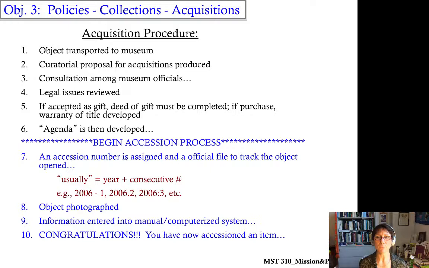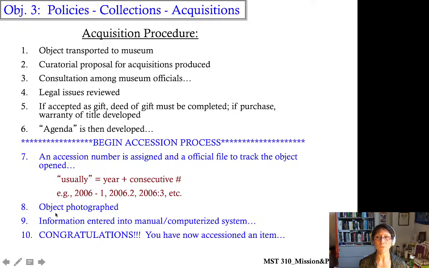And then if in your museum you want to distinguish the separate objects with the accession number, you could do 2017-50, and then maybe 0.1, 0.2, 0.3, 0.4 gets applied to each of them. But in some cases, they'll simply assign one accession number, and then each of them will get an individual catalog number. And we'll get to catalog numbers in just a minute.